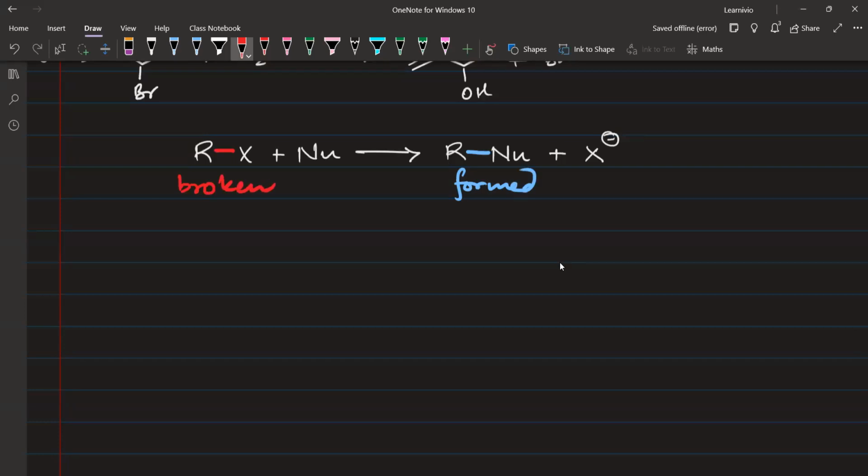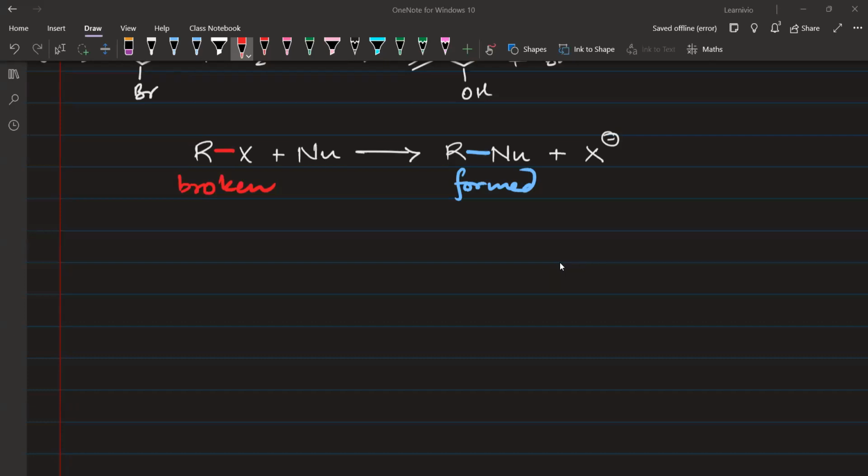Now we are doing mechanism for the first time in so much detail. So this is the first thing that you should know about a reaction, what bond is getting broken and what bond is getting formed. तो जो सबसे पहला initial step है किसी भी reaction को याद रखने के लिए, that is which bond is broken and which bond is getting formed.